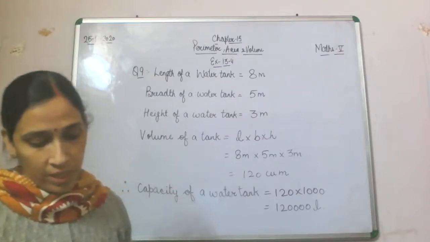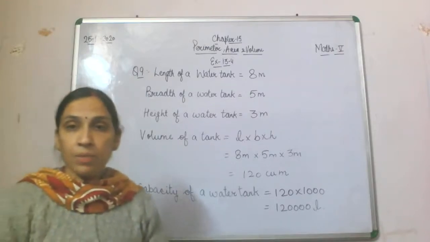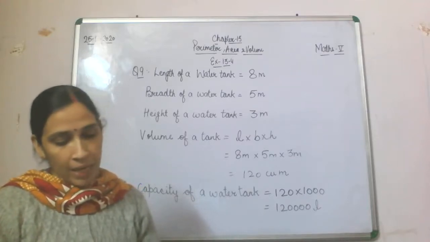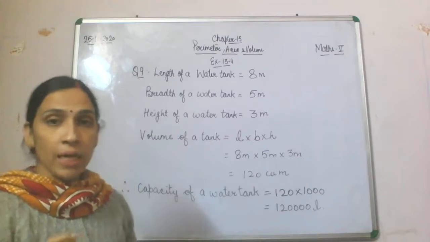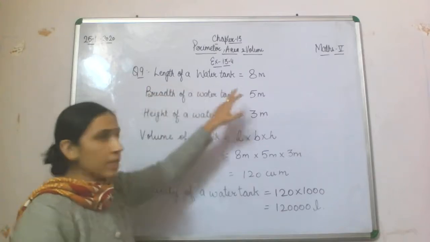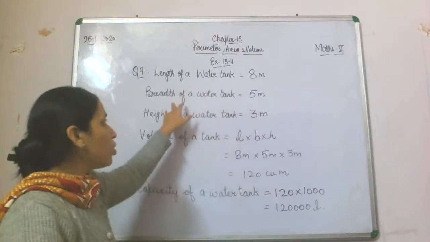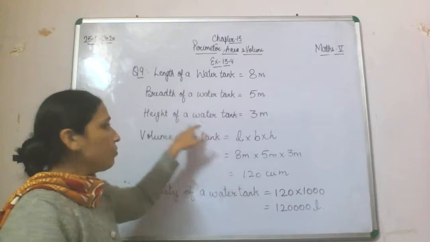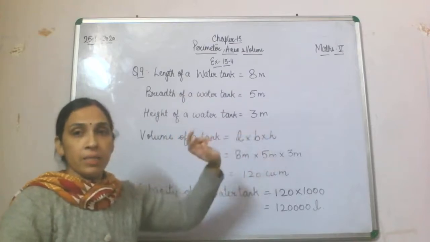So what is given here? A water tank is 8 meter long, 5 meter wide and 3 meter deep. So that specific length only we have written here. Length of a water tank 8 meter, breadth of a water tank 5 meter and height of a water tank 3 meter.